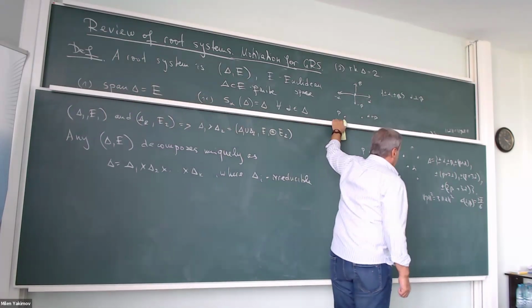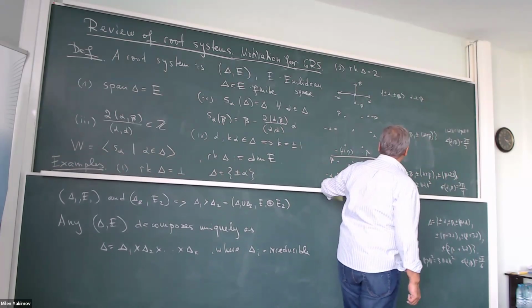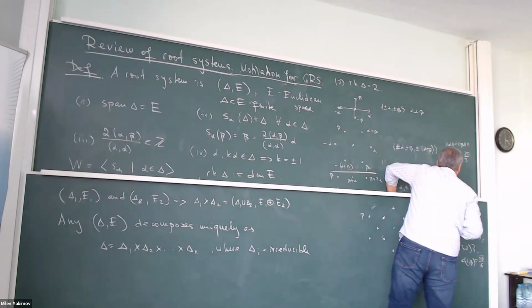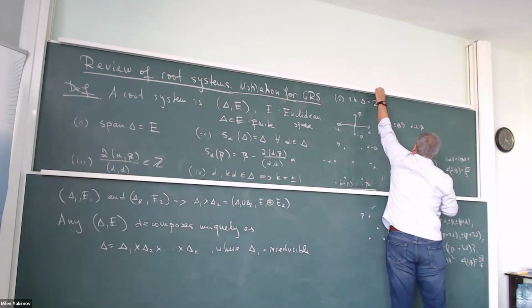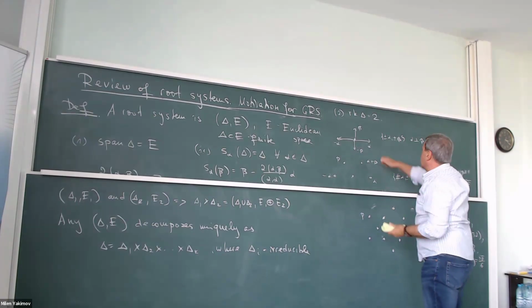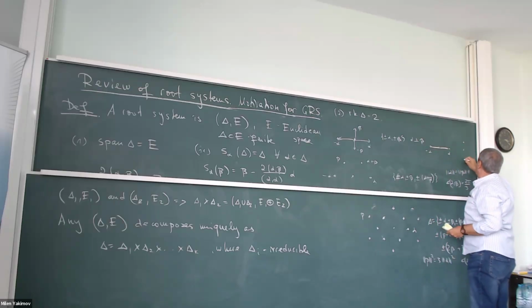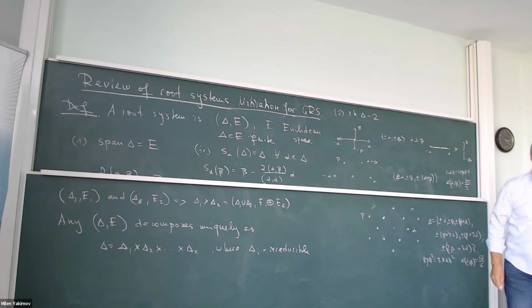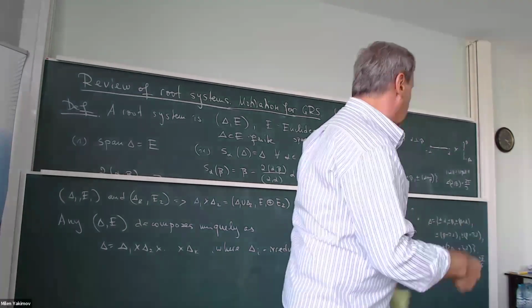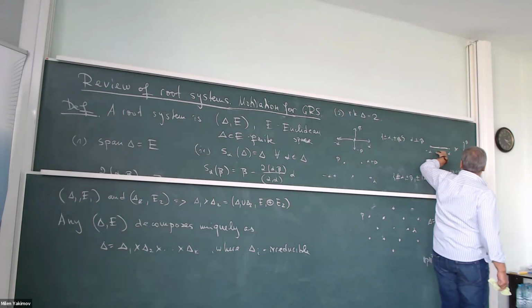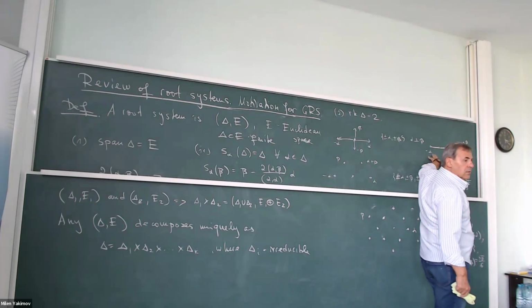So the point here is that if I look at these systems, the first one is obviously the product of alpha, minus alpha and beta, minus beta, because these are orthogonal, and there is no relation between the lengths of alpha and beta.